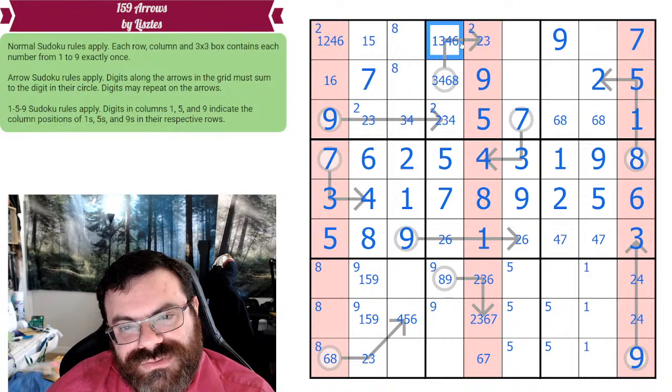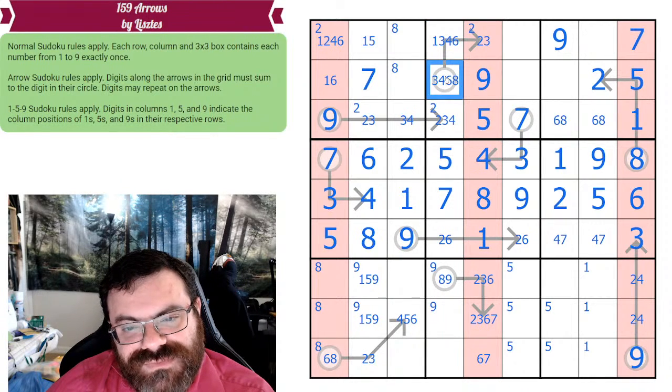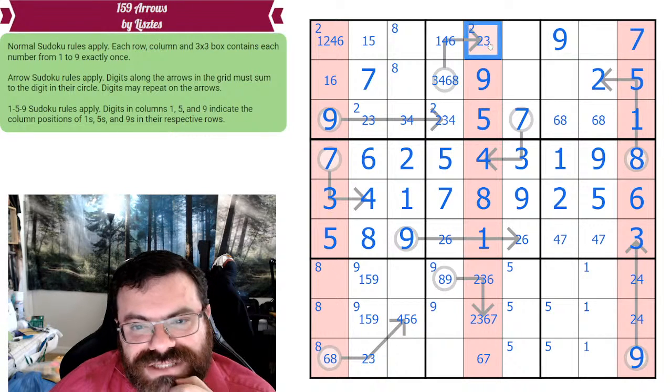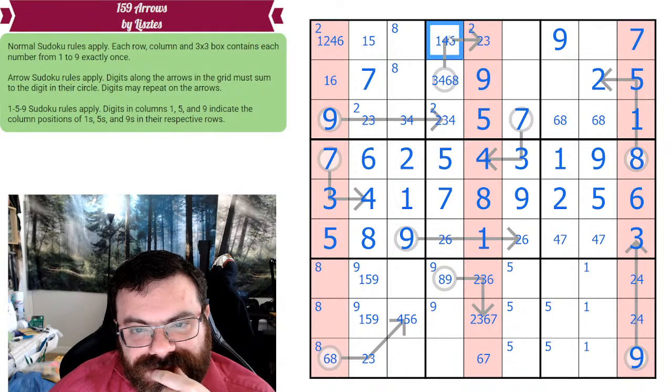Oh, yeah, if this were a 3, this would have to be a 2. That would add to 5, but we can't do 5. That's not a 3. In fact, if this were a 3, I think this would have to be a 1. Add to 4, because we can't add to 3, can't add to 6, and 8 would require a 5.